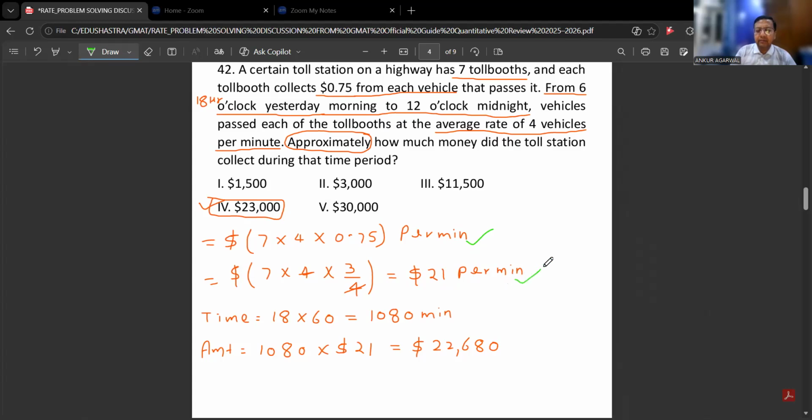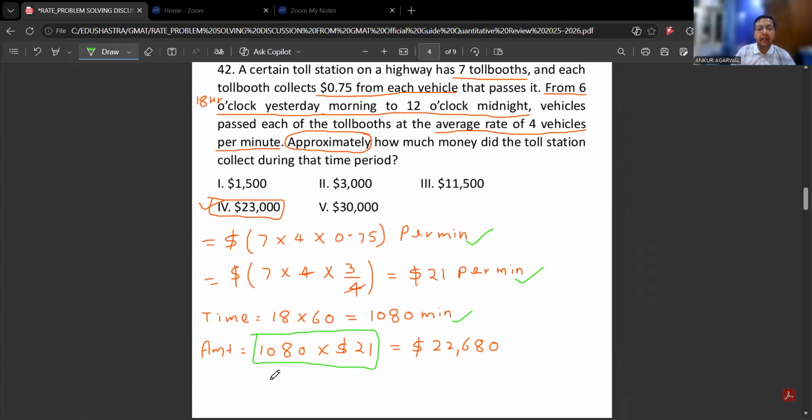This $21 per minute is very simple. 18 multiplied by 60 is again very simple. The little fear is here: how to multiply this? So if I use approximation, now the approximation will work.